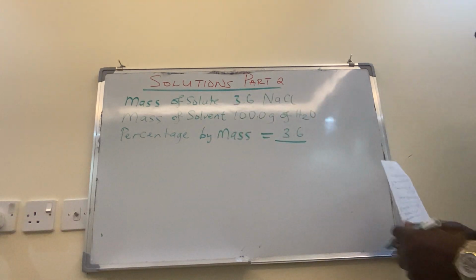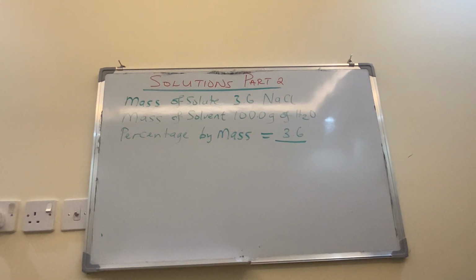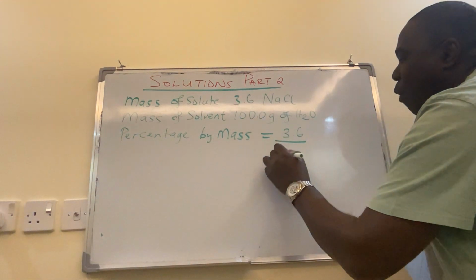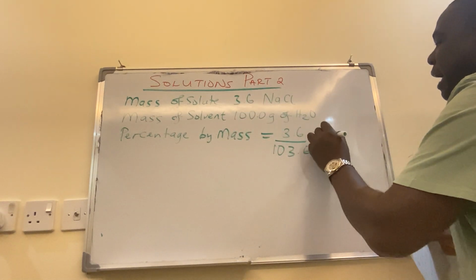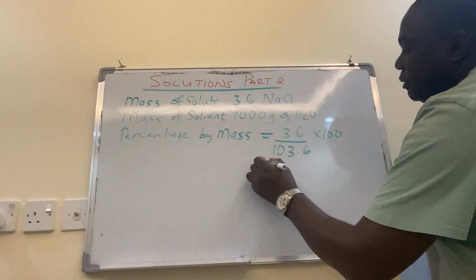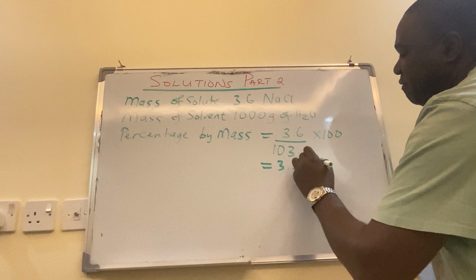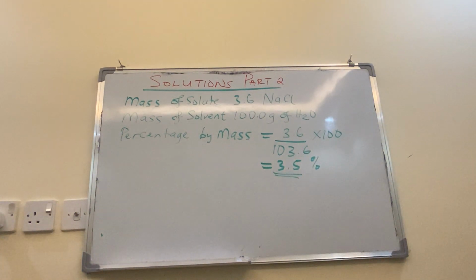So we are going to say 3.6 plus 100. So mass of solution now is going to be 103.6. I add these two and then I multiply by 100. And my answer would be 3.5%.